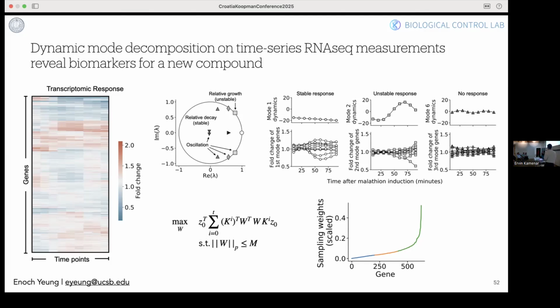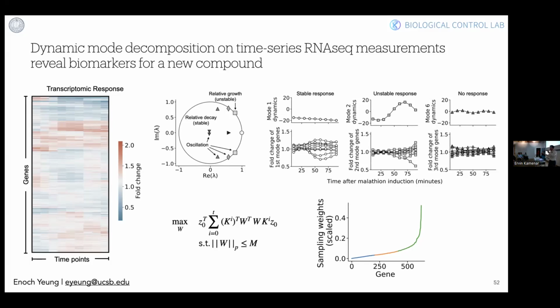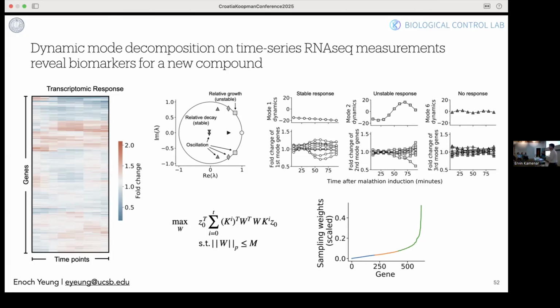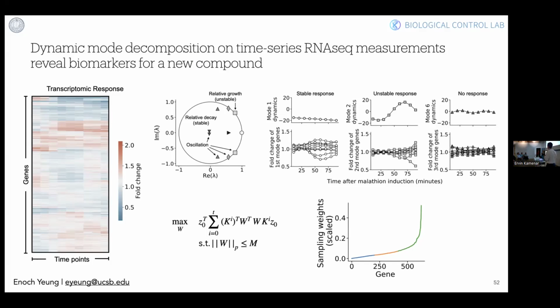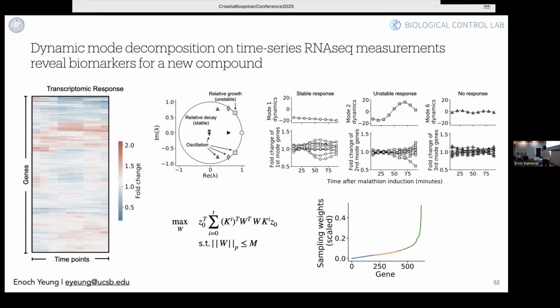So we said, why don't we try to find a way to extract the states of the cell that are orthogonal in some sense, that they act in different directions and respond in different directions as a function of time. And for that, we use the observability gradient, because that allows you to partition your response subspace into the different orthogonal modes that coincide with each individual gene.